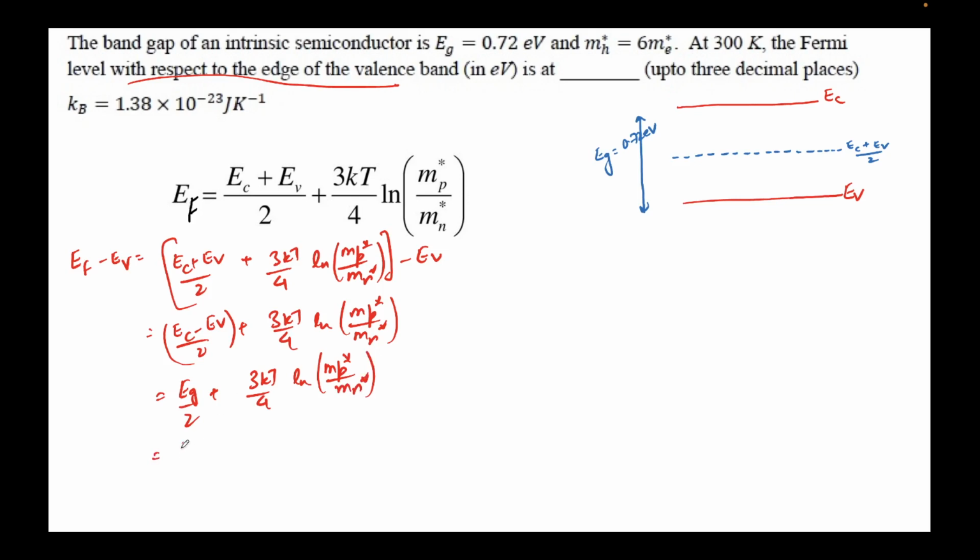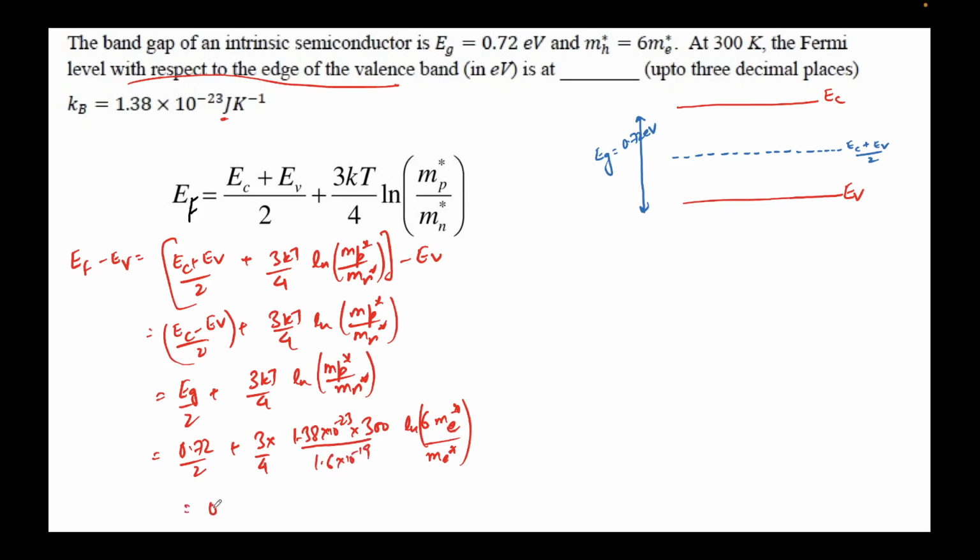EG is given as 0.72, by 2, plus 3 times the value of k, 1.38 times 10 to the power minus 23, times temperature in Kelvin, divided by 4, ln Mp star, which is given as 6 Me star, over Mn star, the effective mass of electrons. Note that this kT is in joules, however the first term is in electron volts, so to convert joules into electron volts we simply divide by 1.6 times 10 to the power minus 19.